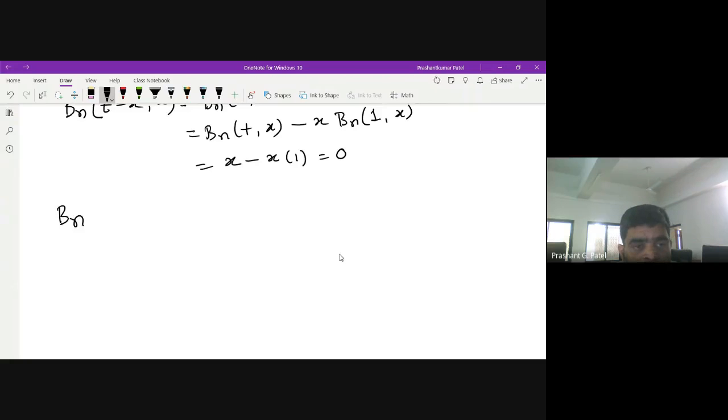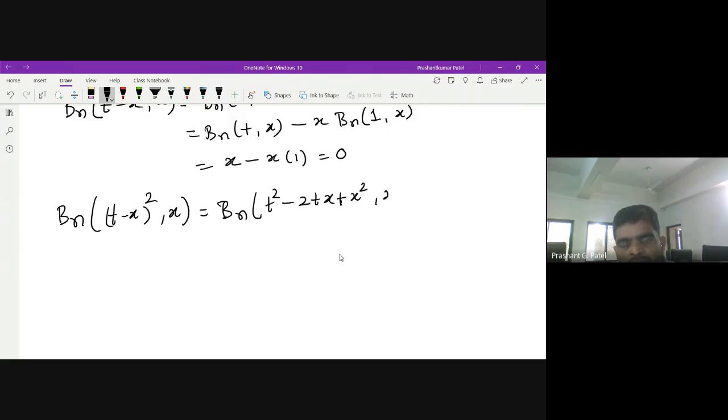Let us calculate the second central moment, that is Bn of t minus x whole square at x, which I can write as Bn of t square minus 2tx plus x square at x.